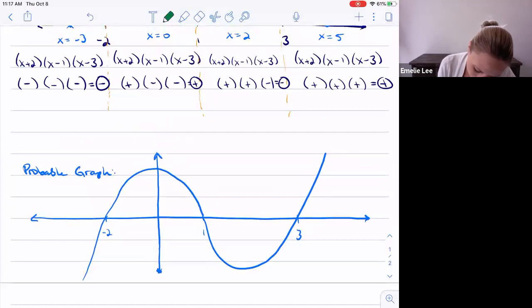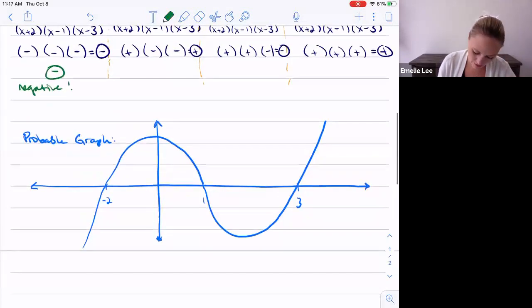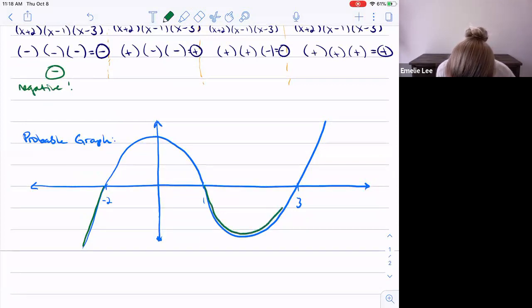So here, if we're looking for a negative result, then that's this region here, right? But also this region here.